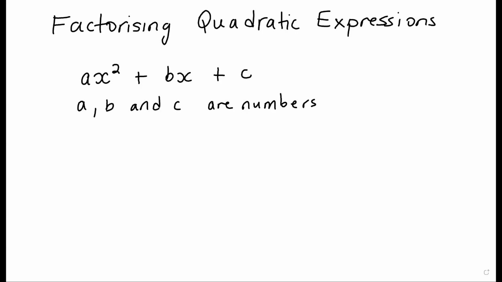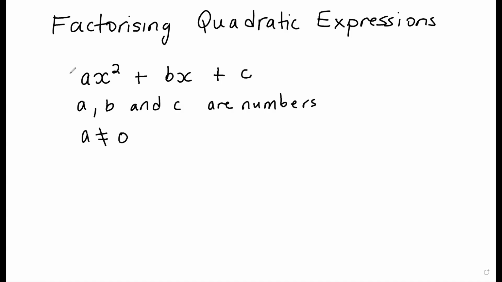However, a cannot be equal to zero. It could be a negative number or a positive number, but it cannot be equal to zero, right? Because if it's equal to zero, then you would have no term in x squared. You'll have 0x squared. So then the expression will no longer be a quadratic, it will be a linear expression.